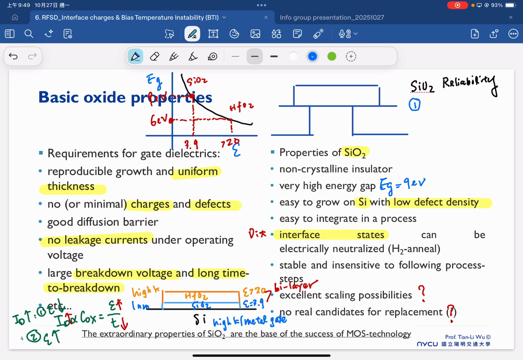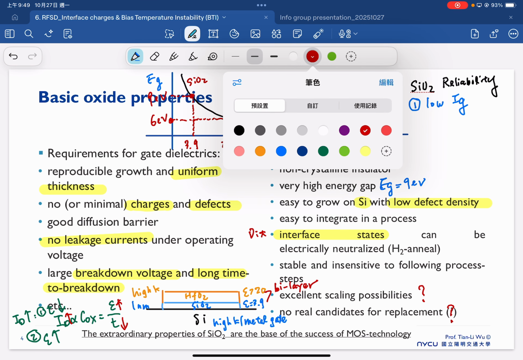The first one, it must have a very low gate current. Because as you know, once we apply the positive gate bias on top, we always have this gate current issue, which is due to quantum tunneling.